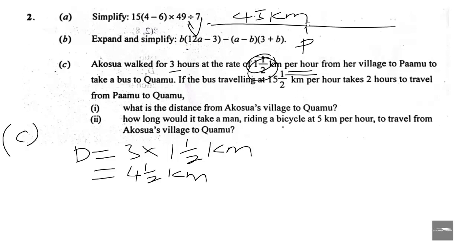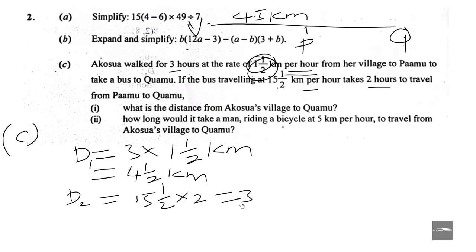Then we're told that the bus traveling at 15.5 kilometers per hour takes 2 hours to travel from Pamu to Kwemu. So for 2 hours, it will travel 2 times 15.5, and that will give us 31 kilometers.